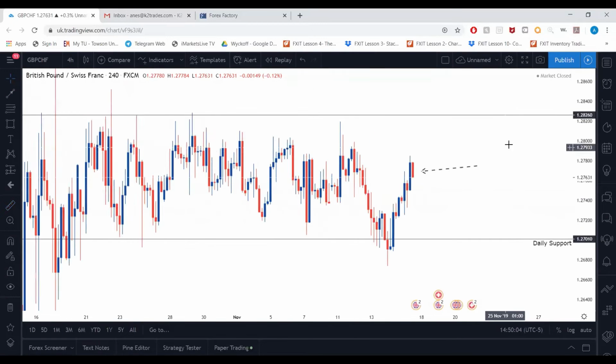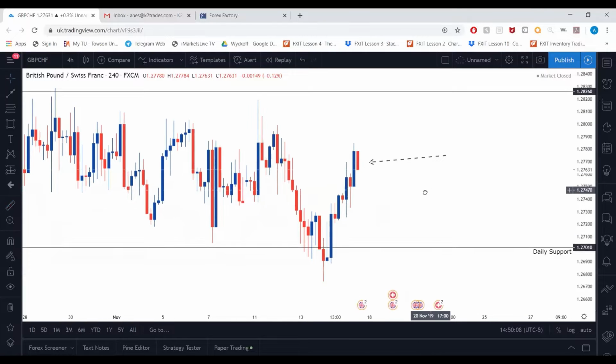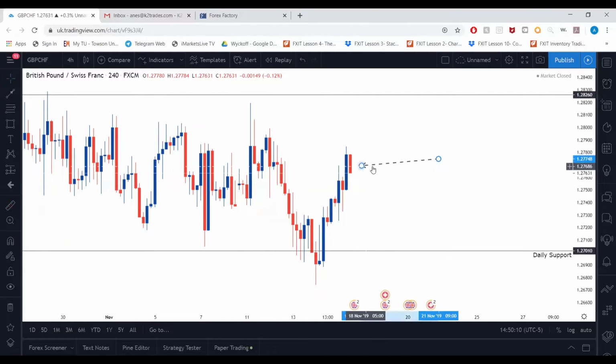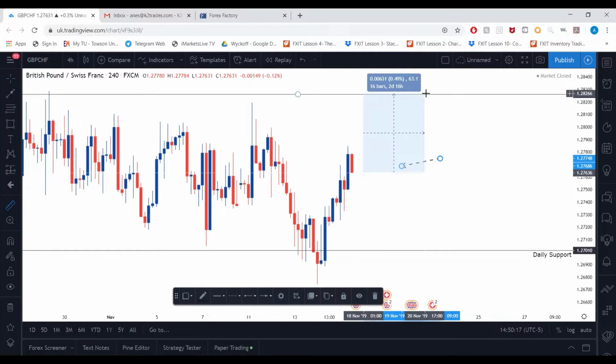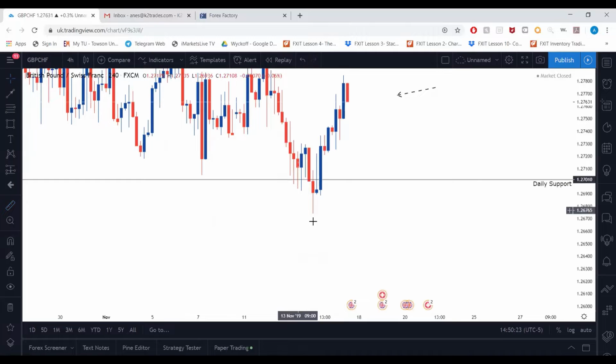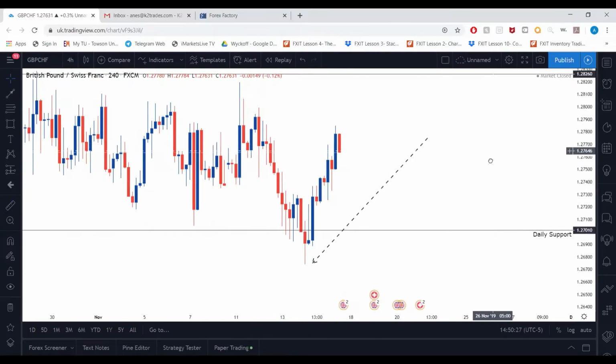You always want to look for at least 1 to 2 risk reward, and this is not a good positive trade. If you buy it, it's pretty much the same thing. You're going to have 63, 64 pips, but your stop loss has to be bigger, below this last low which this week imprinted.